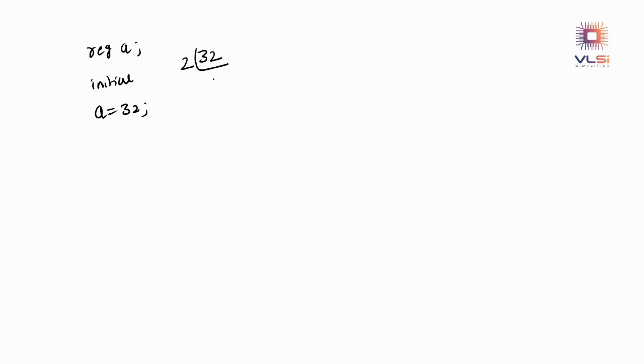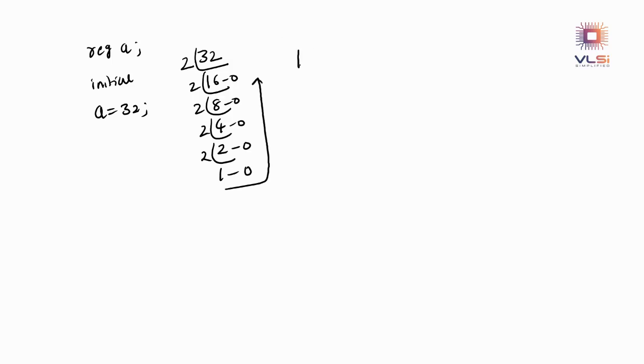If you convert into binary, what is the value? 32 divided by 2 gives 16 remainder 0, 8 remainder 0, 4 remainder 0, 2 remainder 0, 1 remainder 0, then 1 and 0. You need to take the remainders from bottom to top. So the binary value is 100000. As this is one bit, it will store only the least significant bit. So a will store 0.